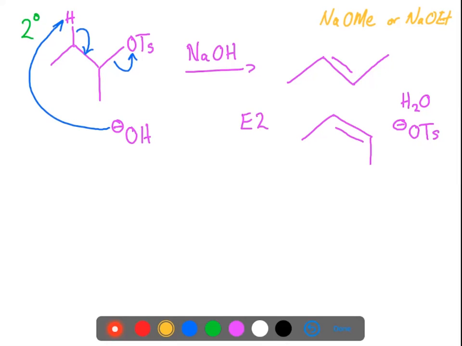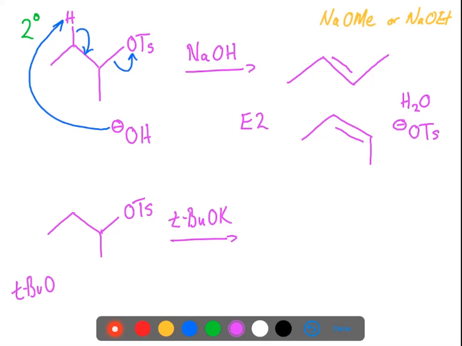Now, if we were to use tertiary butoxide, though, in this particular example, we see some regiochemistry. Now, again, the tertiary butoxide, drawn in this way, our active species is the tertiary butoxide ion.